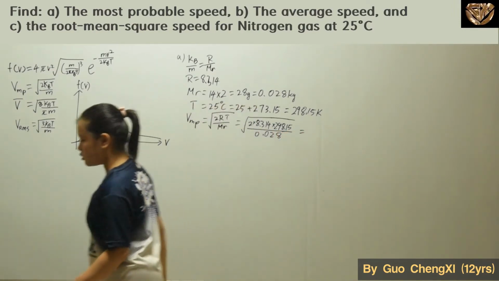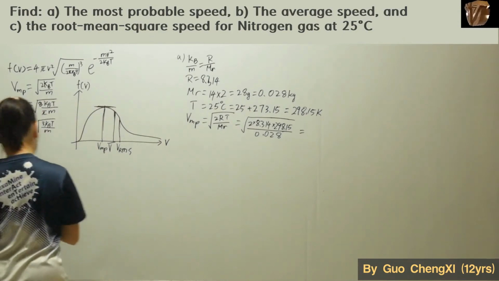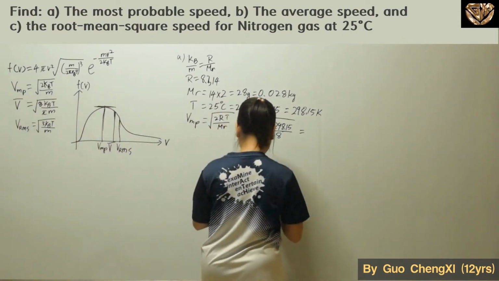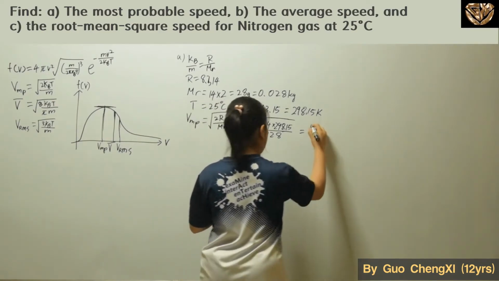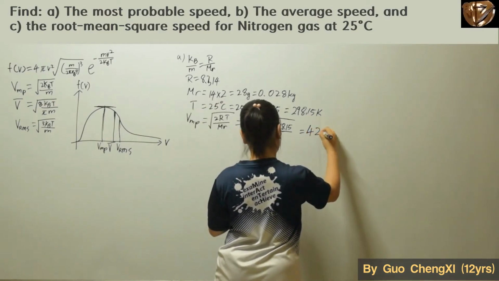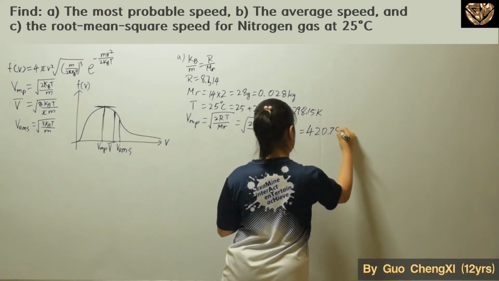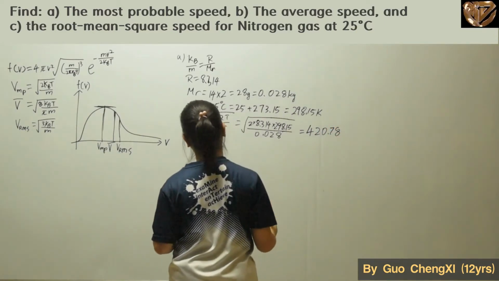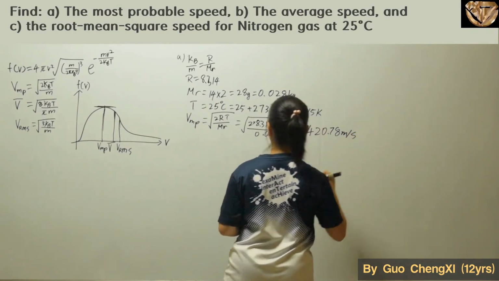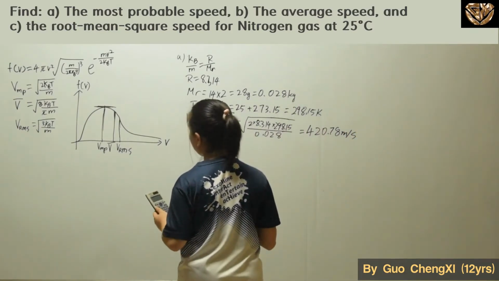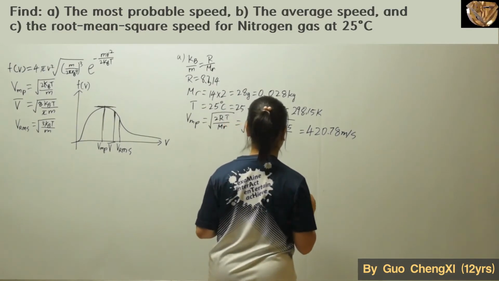And now we just use the calculator to solve it. So give me a sec. And it is 420.78. And what is its unit? It is meter per second. So all of these that we're using are SI units, okay?